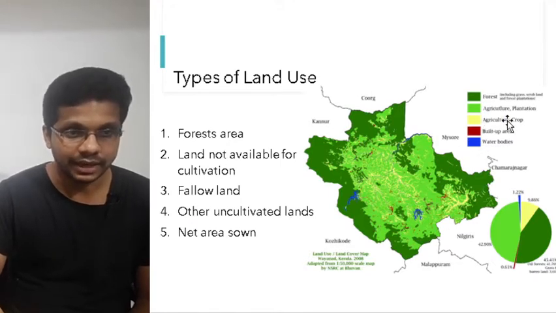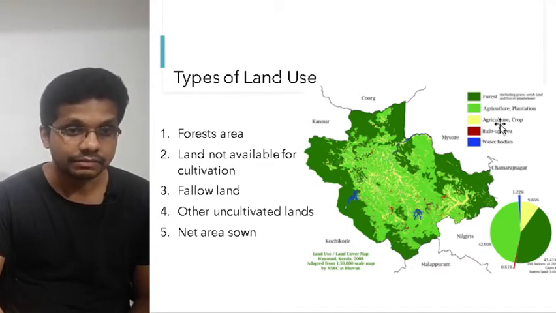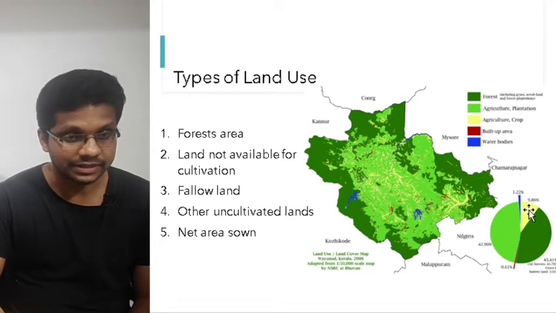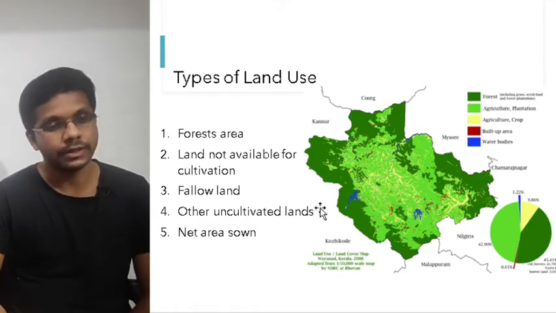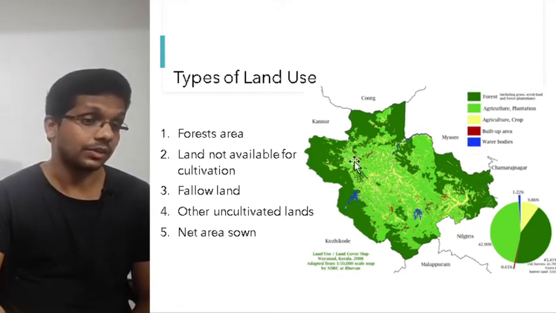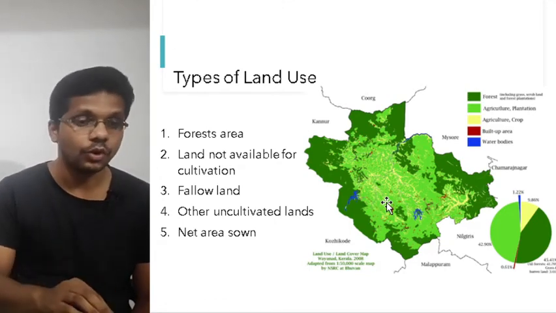Then we have the agricultural plantations in light green, which constitute about 43% of the total area. Then we have cropland, which is only around 10%. Building area is only 0.6%, and water bodies constitute 1.2%. So this is the picture of the Wayanad district. Like that we can see the global scenario of land utilization.